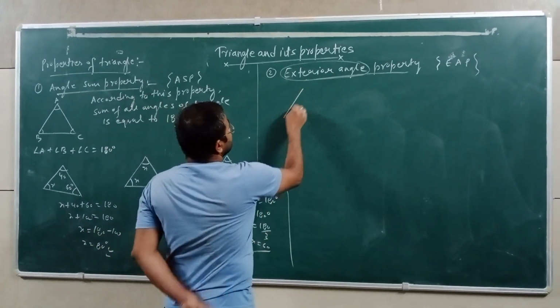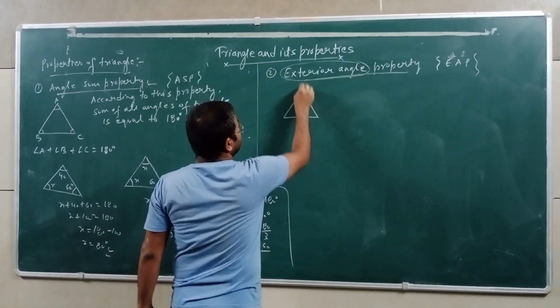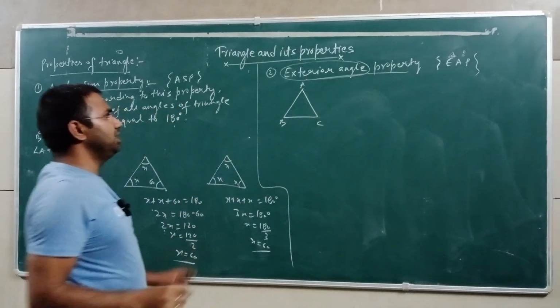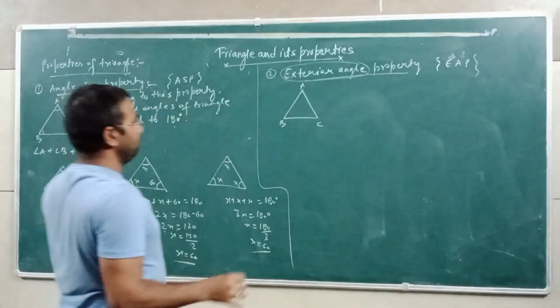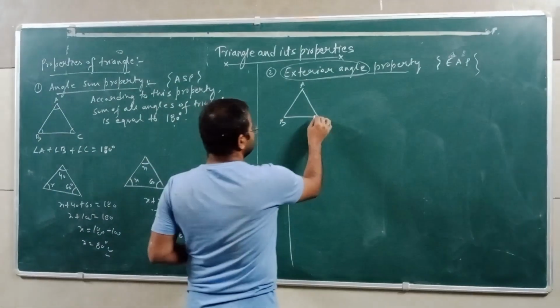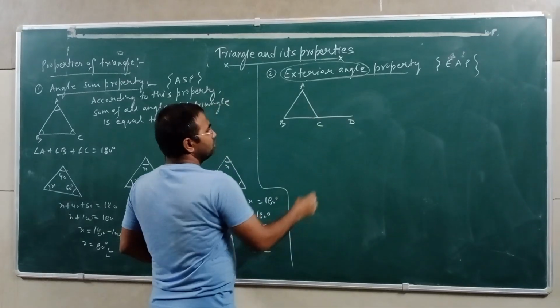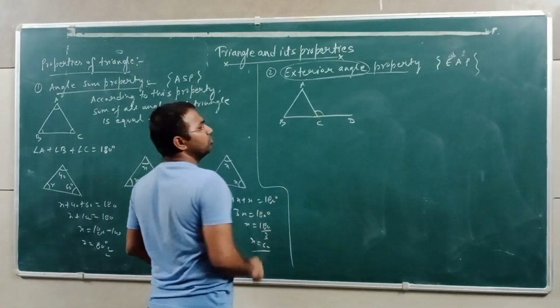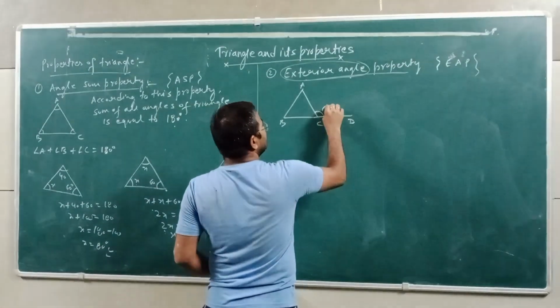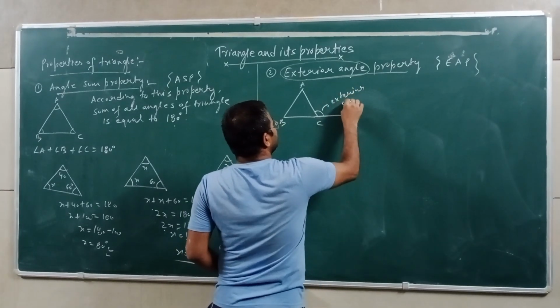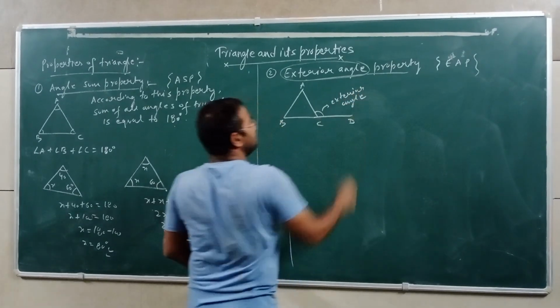Suppose a triangle ABC is there. Now, if you extend any side of a triangle, suppose you are extending BC to point D, you can see one angle is formed here. Then this angle is called an exterior angle.